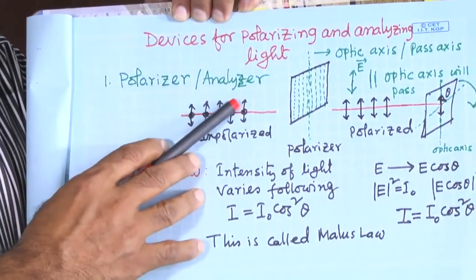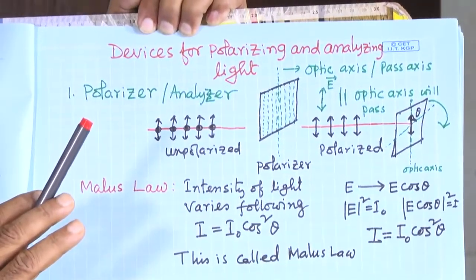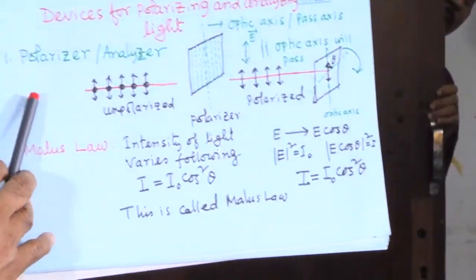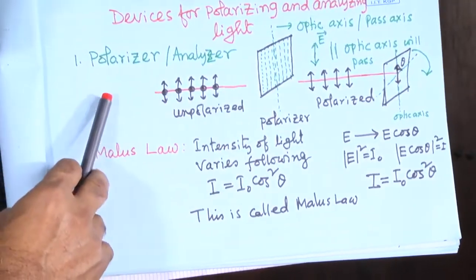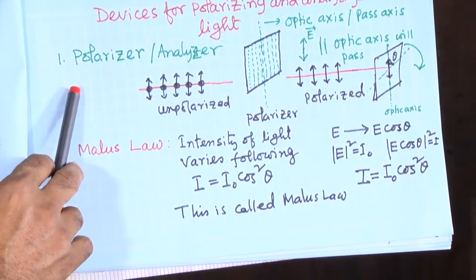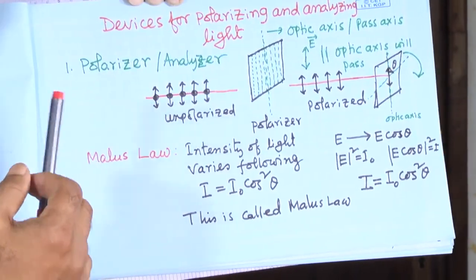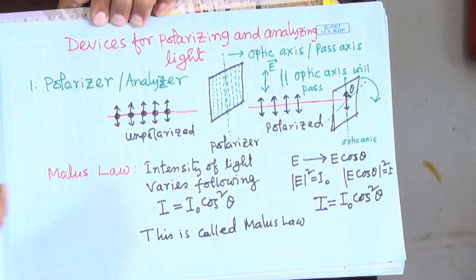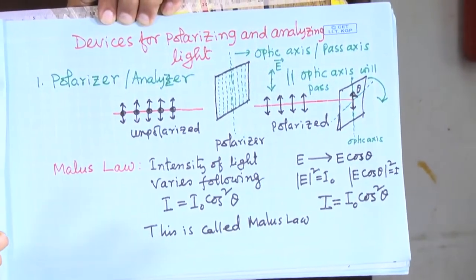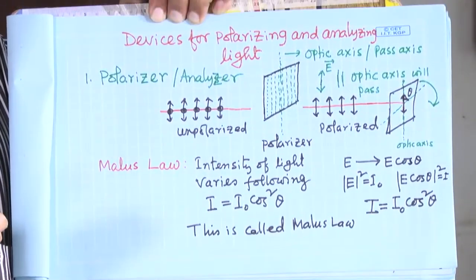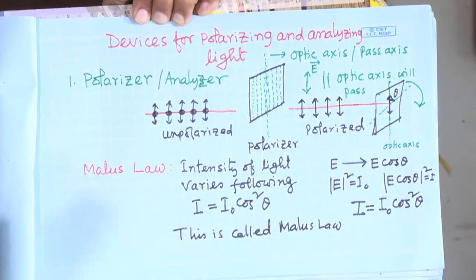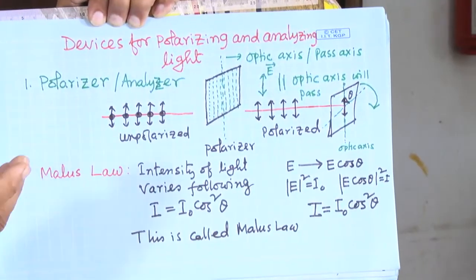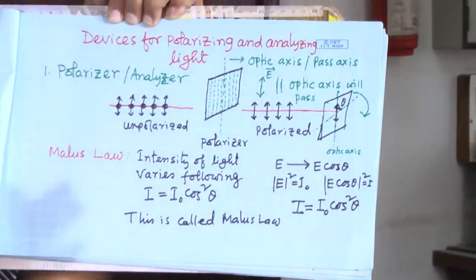Basically polarizer and analyzer are the same device, but depending on the use, we call it the polarizer when it is polarizing the light. Then after polarization, if we want to analyze whether it is polarized or not, or information about the polarization, we use the same polarizer, but then we call it the analyzer.